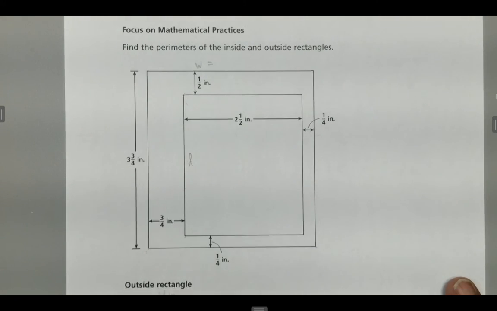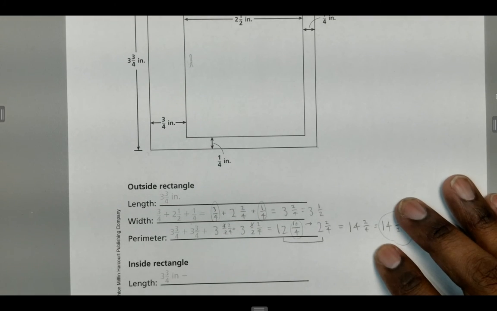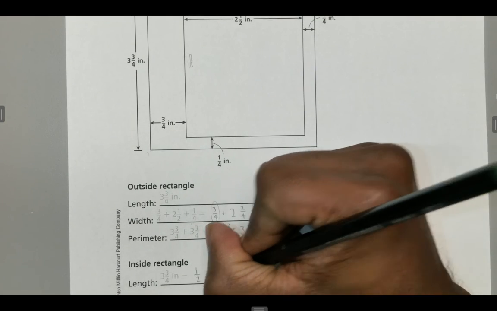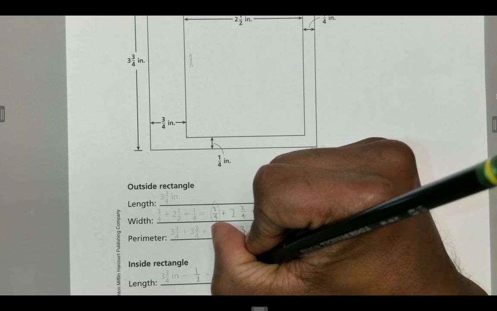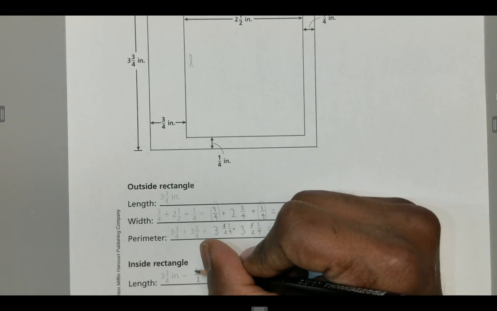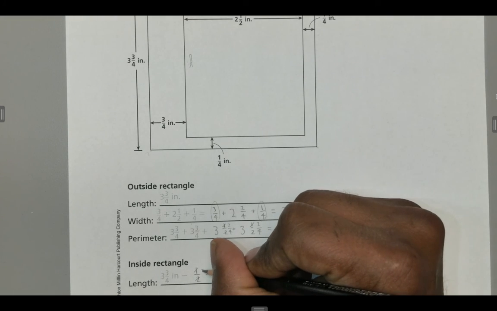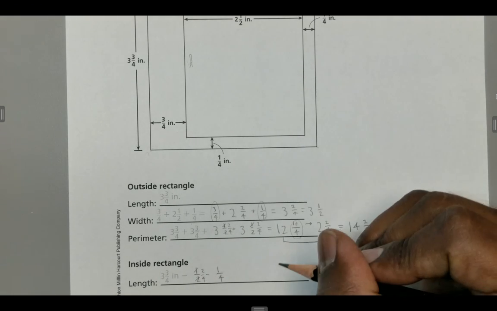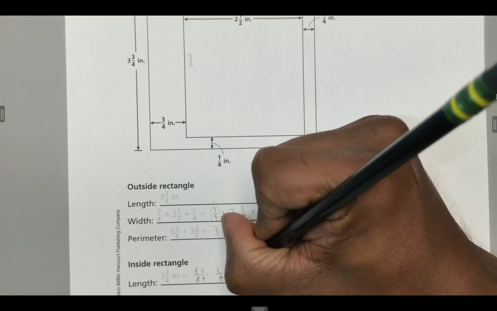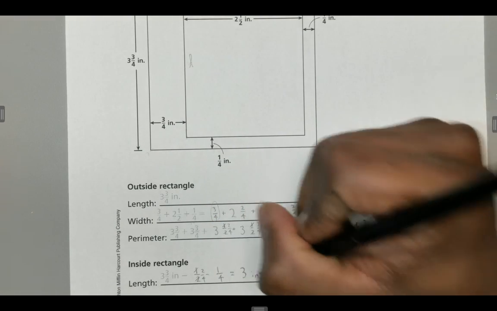So 3 3/4 minus a half minus a fourth. Let's use 4 as the common denominator, and we'll show a half as 2/4. 3 3/4 minus 2/4 minus 1/4. Our length is 3 inches.